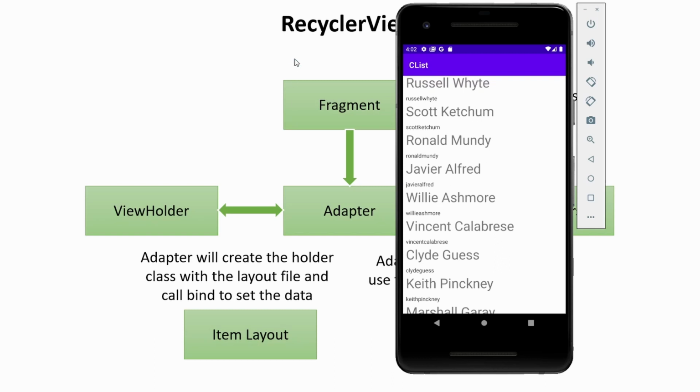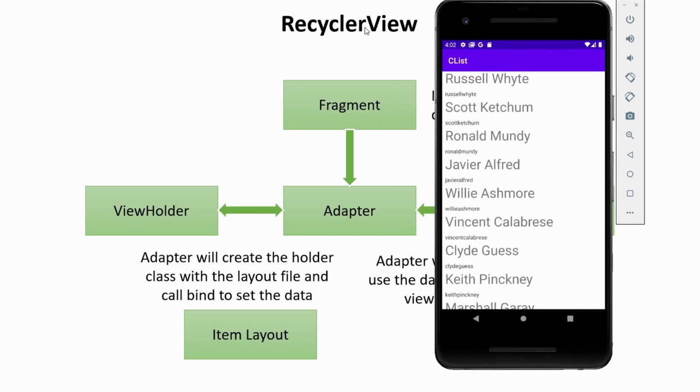We use either a list view, or in modern Android terms, recycler views, where each of these individual items is repeated only till the time that our screen is complete. So in this case, we will have 1, 2, 3, 4, 5, 6, 7, 8, 9, and maybe 10 items which are being recycled to show this UI. At the top we have Russell White.